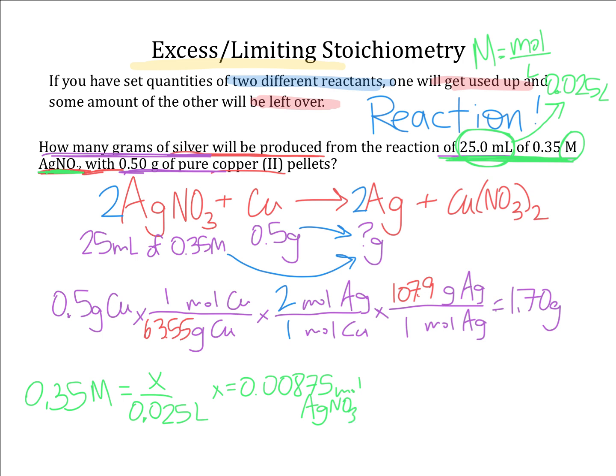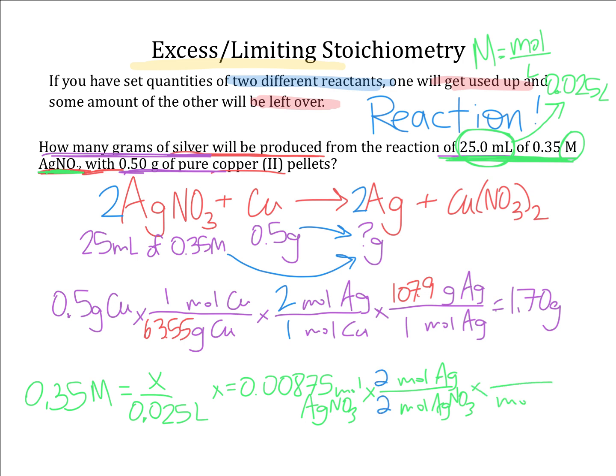From there, I'm going to find the moles of silver and then the grams of silver, exactly like I did with copper. So moles AgNO3 turns to moles Ag, and I'm going to get those numbers off the balanced equation, a 2 for each of them.